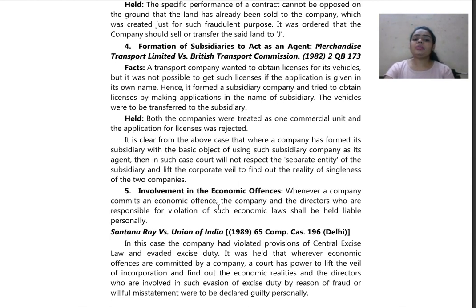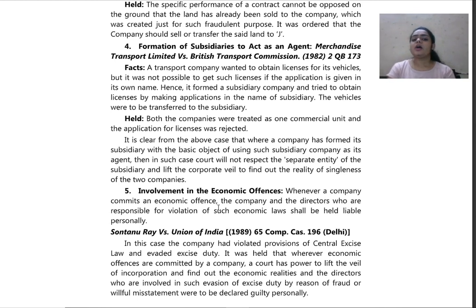It is clear from the above case that where a company has formed its subsidiary with the basic object of using such subsidiary company as its agent, then in such a case, the court will not respect the separate entity of the subsidiary and will lift the corporate veil to find out the reality of the singleness of the two companies.